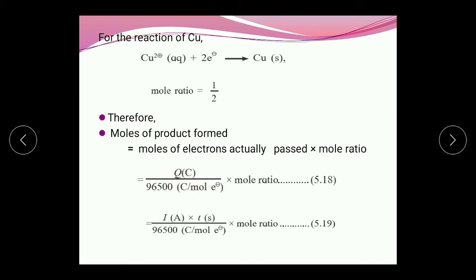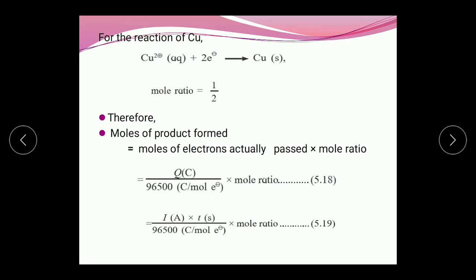Q is equal to I into T. That means I into T upon 96,500 into mole ratio. In brackets I have written the units: I in ampere, T in seconds, so we have to convert the time into seconds, divided by 96,500 coulomb per mole of electrons, into mole ratio. So this is the formula to find the moles of product formed.